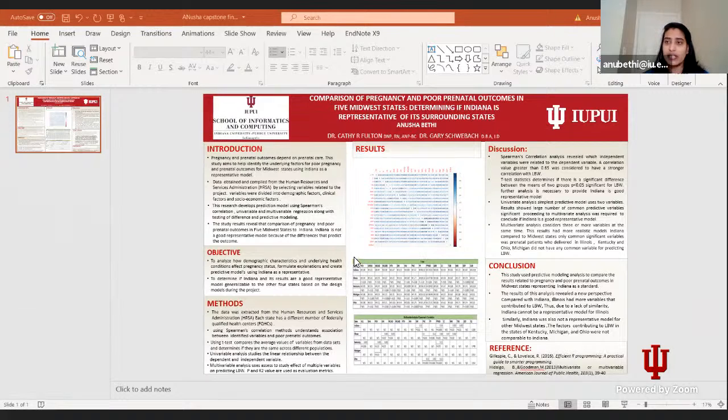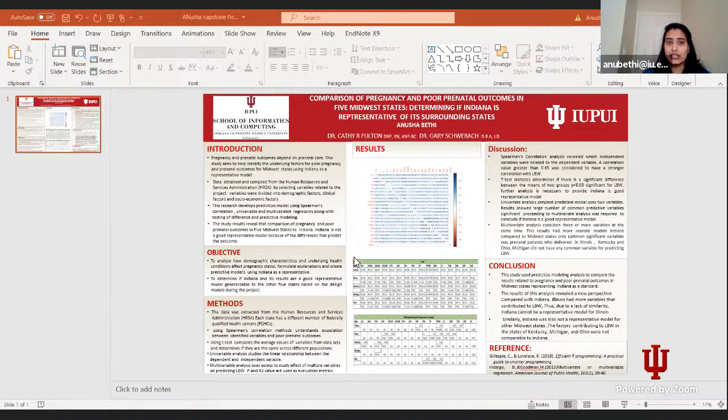The variables were divided into clinical factors, demographic factors, and socioeconomic factors. Clinical factors include hypertension, HIV, diabetes, cervical cancer, and BMI. Demographic factors include substance abuse and tobacco use. Socioeconomic factors include poverty, uninsured people, people with no coverage for Medicaid and Medicare, lack of prenatal care, and prenatal patients who delivered.